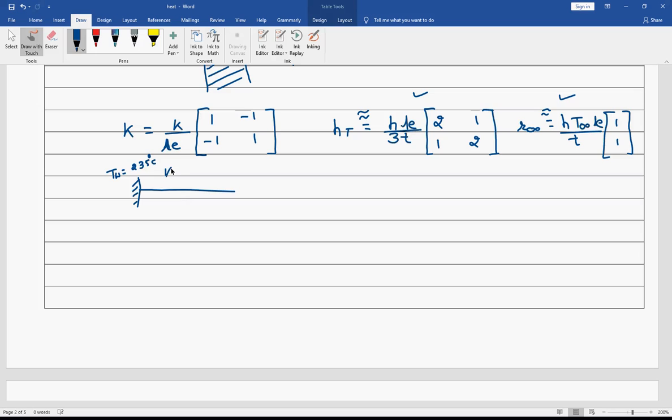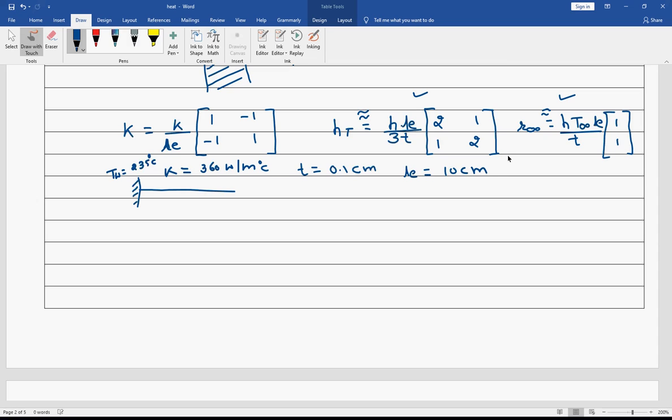The conductivity of the fin is 360 watts per meter per degree Celsius, and the thickness of the fin is 0.1 centimeter, or 1 mm, and the length is 10 centimeter long.